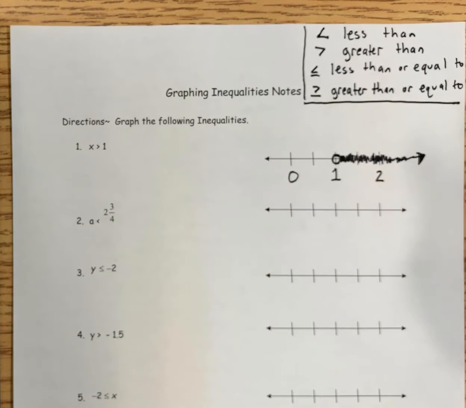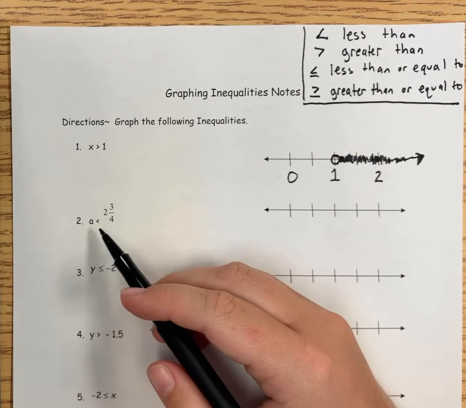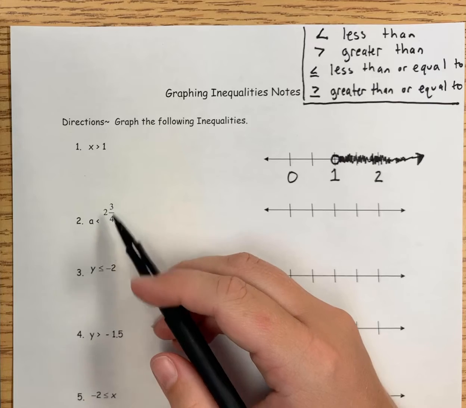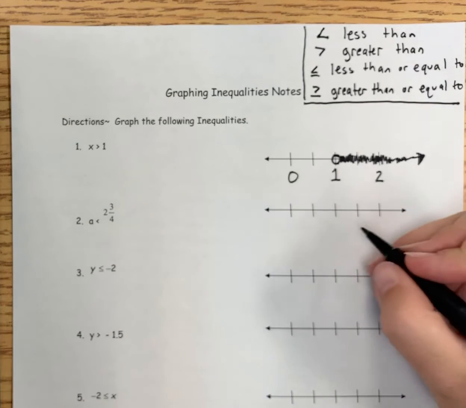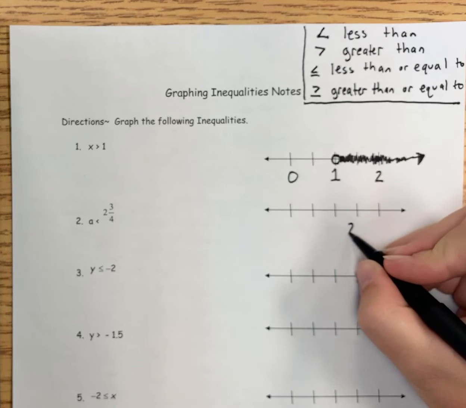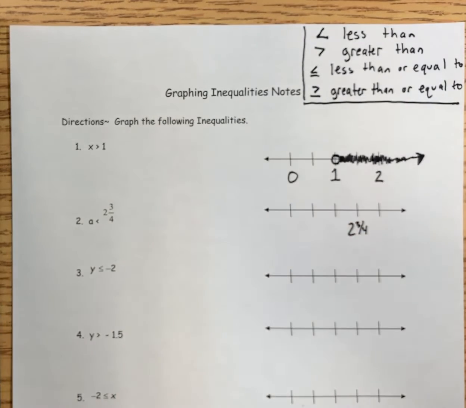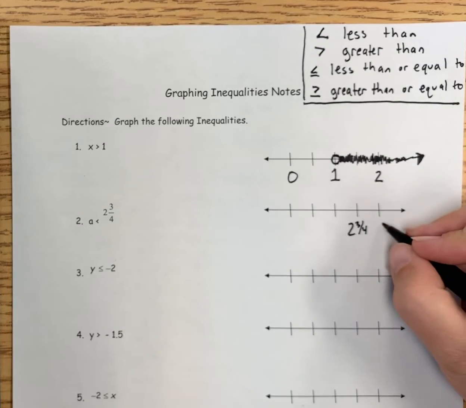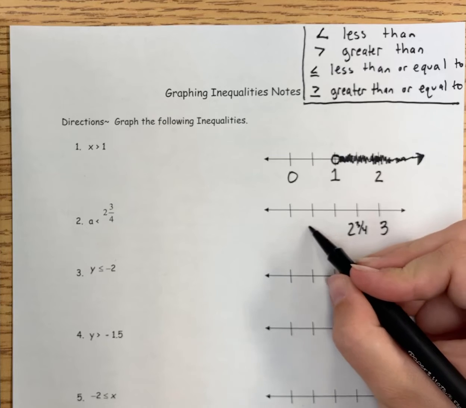So then we're going to do the same thing for number 2. For number 2, a this time is less than 2 3/4. So write your fraction. So we've got 2 3/4. And pick something that's bigger, which would be, I don't know, you could do 3, and then something that's smaller, 2.